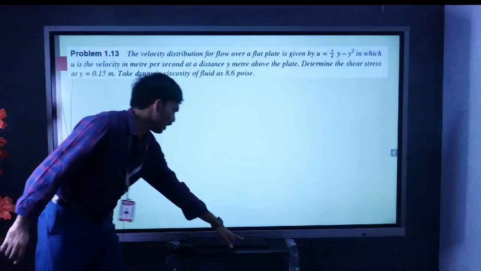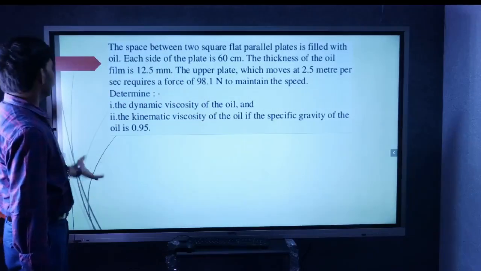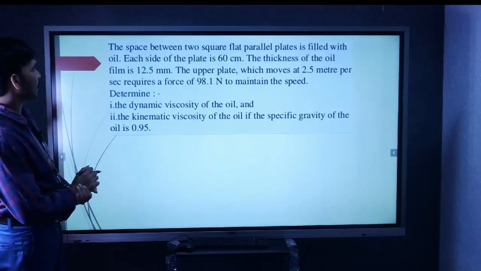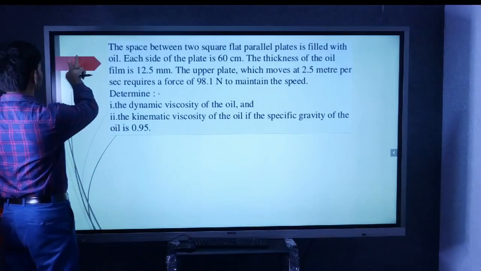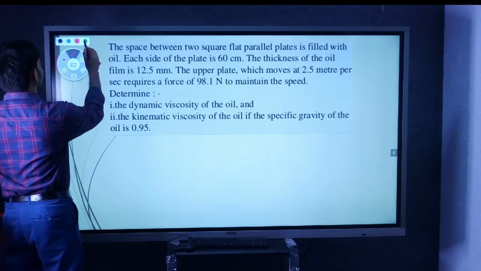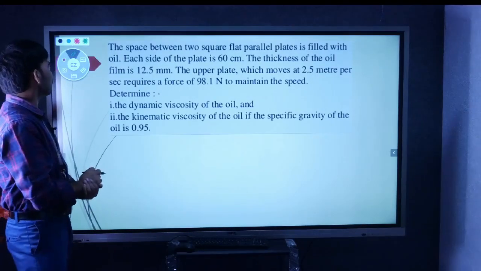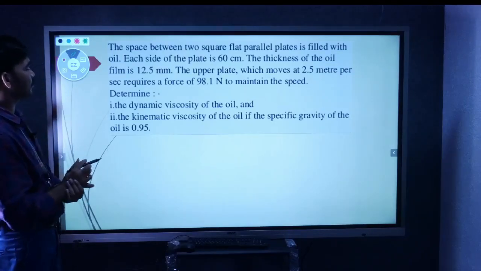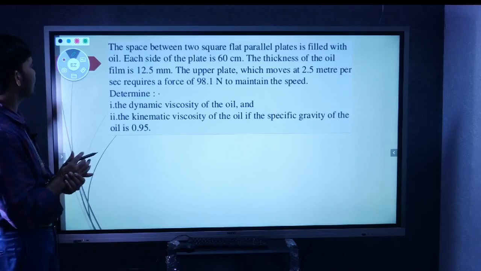And one more problem to try at home, and if you have any questions, you can mail me. The next problem: the space between two square flat parallel plates is filled with oil.